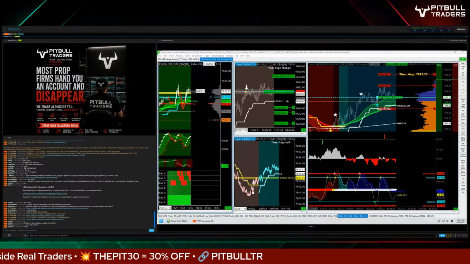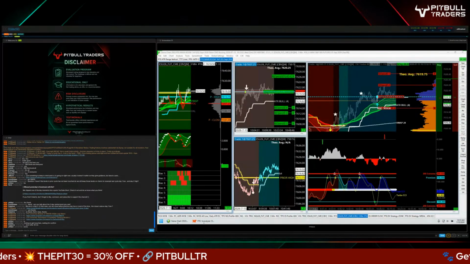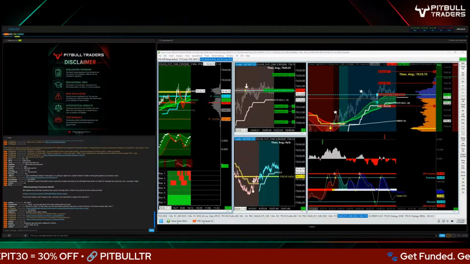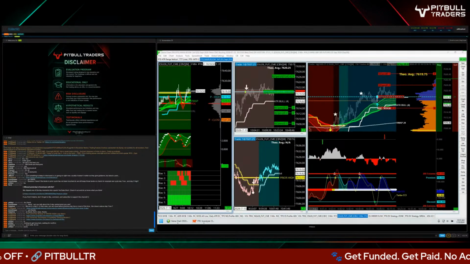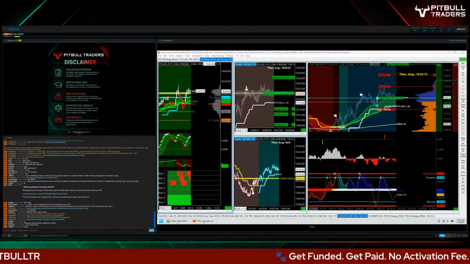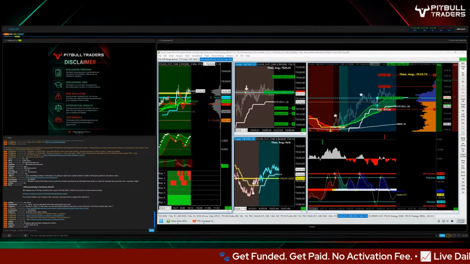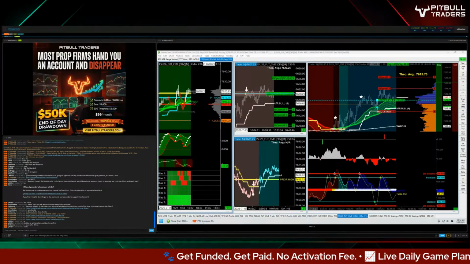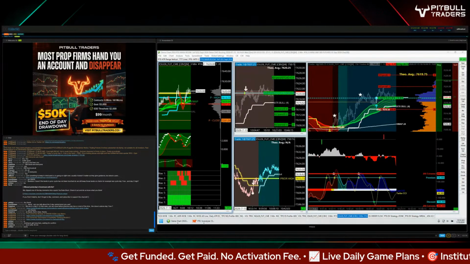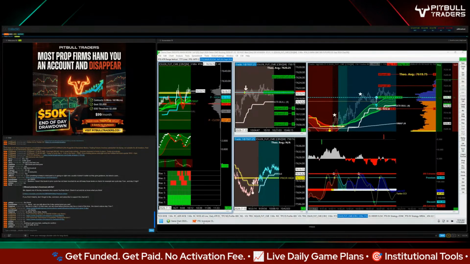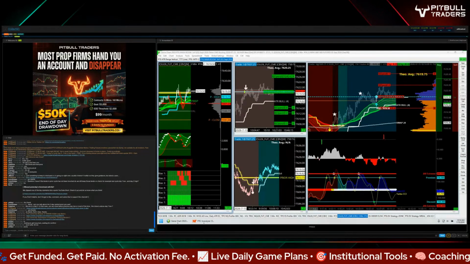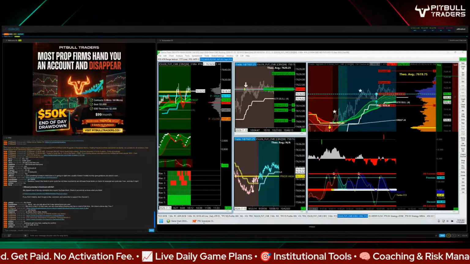And this is stuff that we don't know. We don't know who has the bigger hammer here. So all you can do is place your bet, get involved, place your stop, and then see who has the Thor hammer, right?